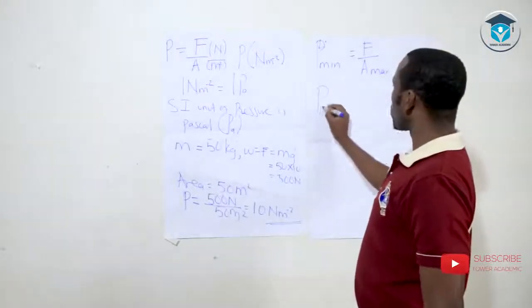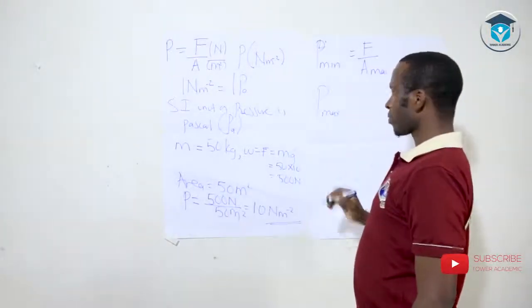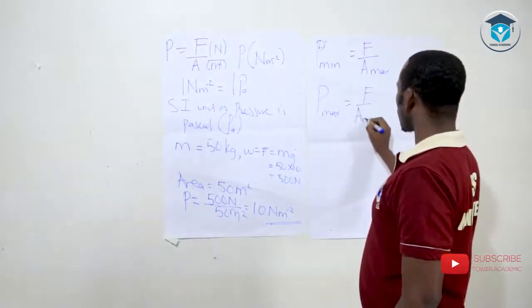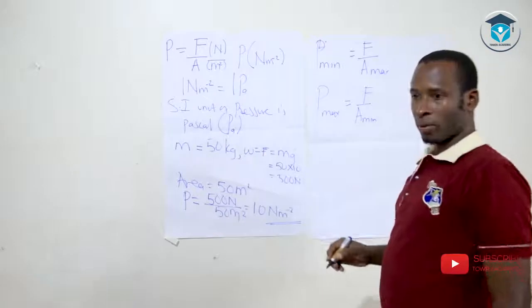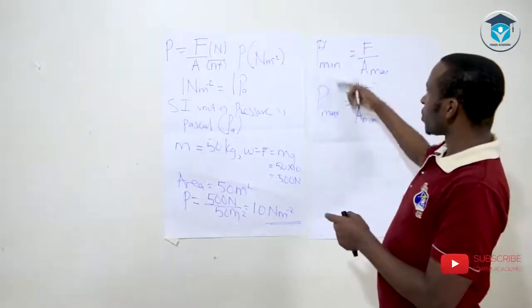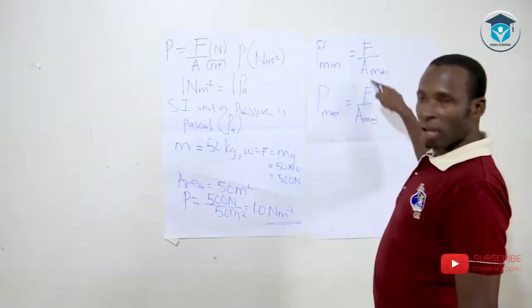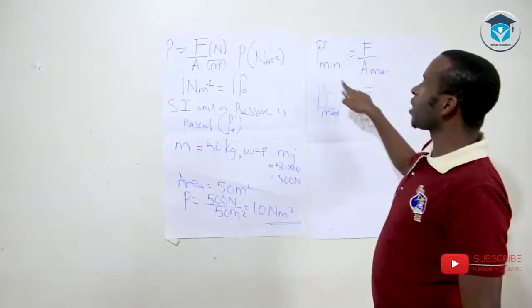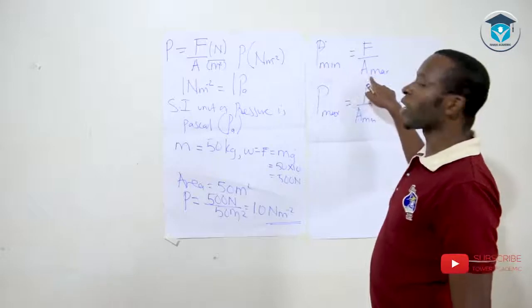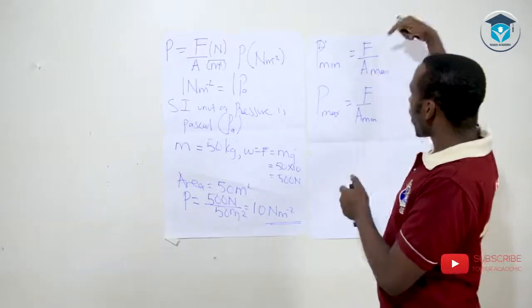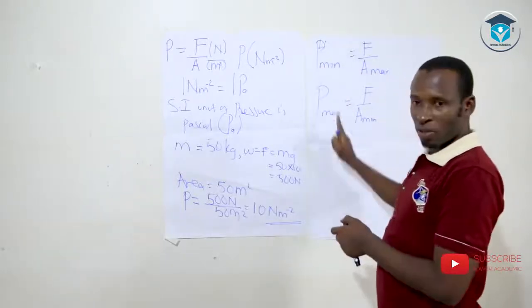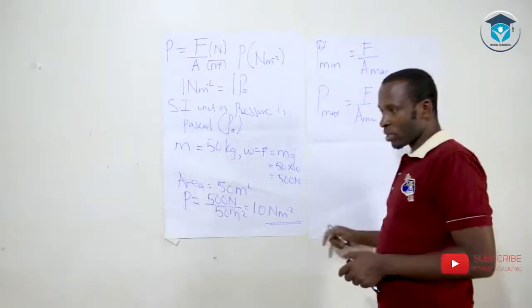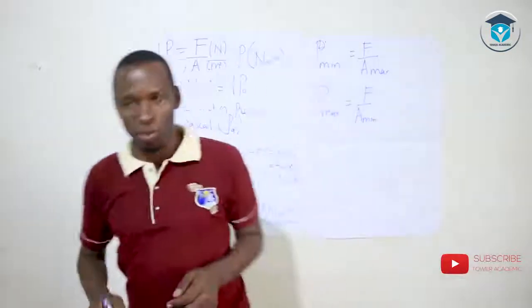For your pressure to be maximum, the area should be minimum. If our force is constant, then the pressure is inversely proportional to the area. When the area reduces, the pressure increases. When the area increases, the pressure reduces.